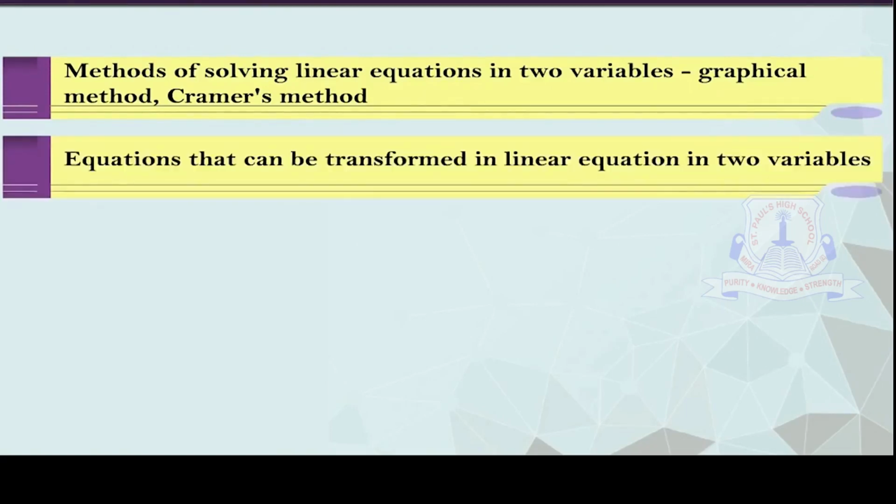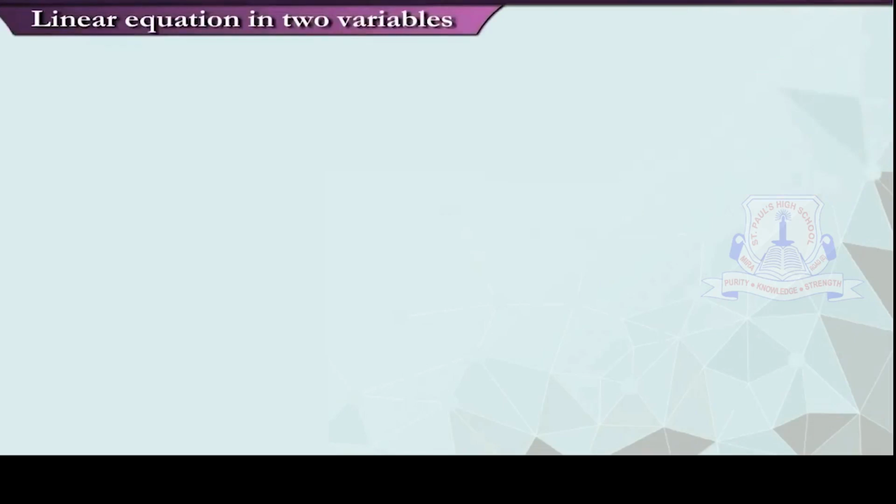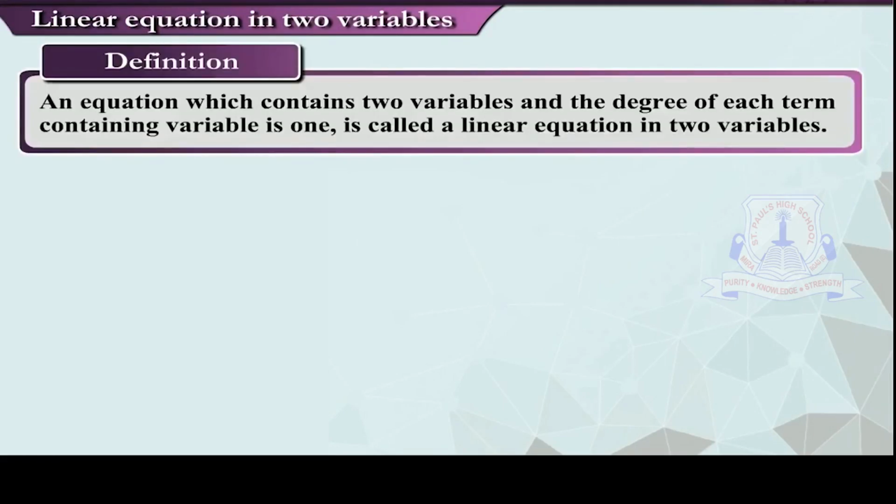In this chapter, we learn about methods of solving linear equations in two variables: graphical method, Cramer's rule, equations that can be transformed into linear equations in two variables, and application of simultaneous equations. Let us recall the definition.